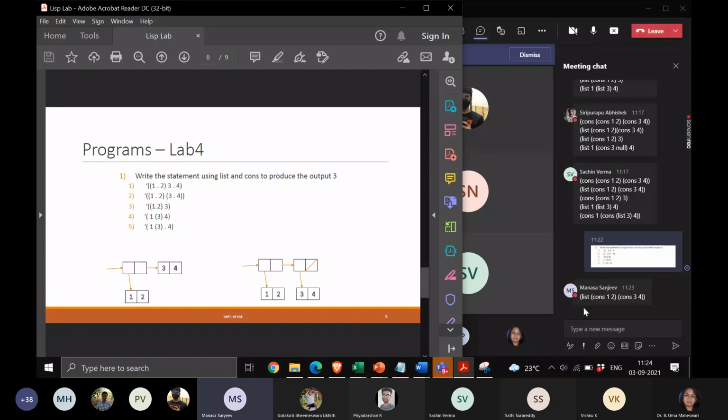Ma'am, I'm actually getting an error for that on DrRacket. I tried to put cons and then put null again, so I'm not sure. Okay.